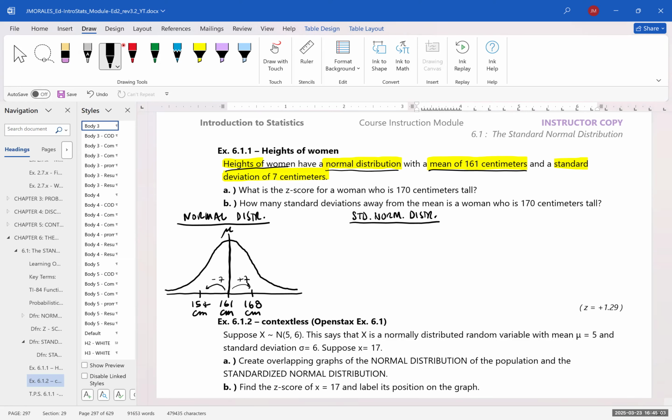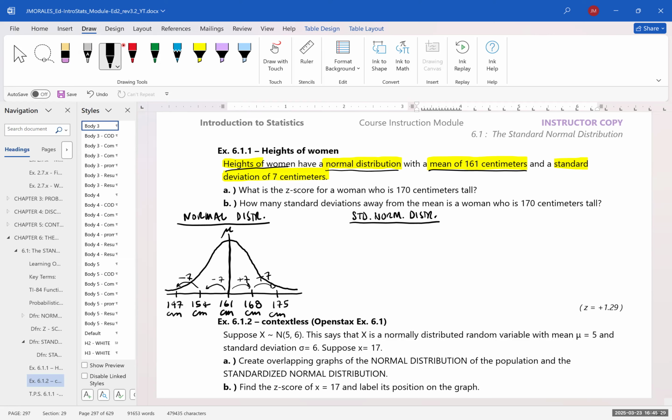If I go another standard deviation up, I'm going to add 7 again, and that's going to give me 175. And if I go down one more standard deviation, it's going to be 147 centimeters.